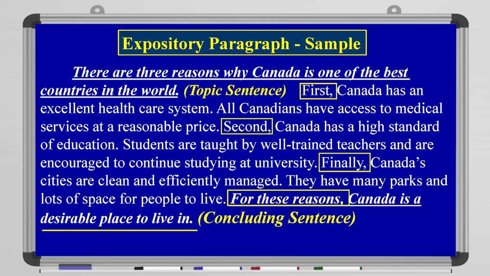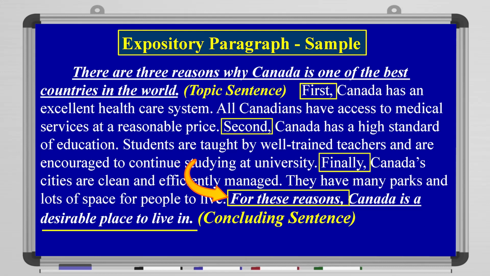Second, Canada has a high standard of education. Students are taught by well-trained teachers and are encouraged to continue studying at university. Finally, Canada's cities are clean and efficiently managed. They have many parks and lots of space for people to live. For these reasons, Canada is a desirable place to live in. This is a concluding sentence.